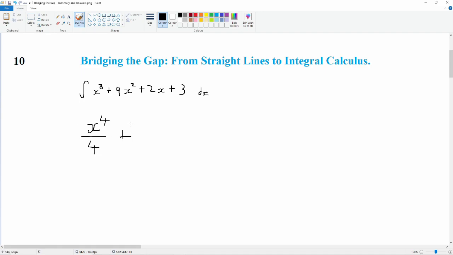And then we add, now we've got 9x squared. Now the 2 becomes a 3, and we divide by 3. Well, 9 over 3 is just 3. Let me just tidy this up a little bit.